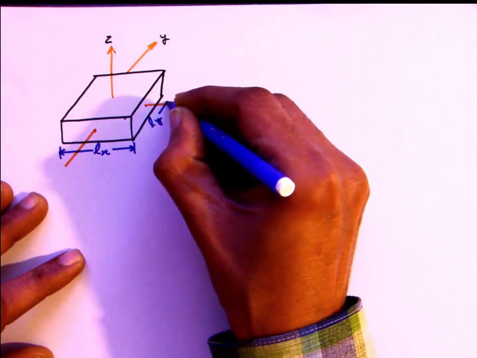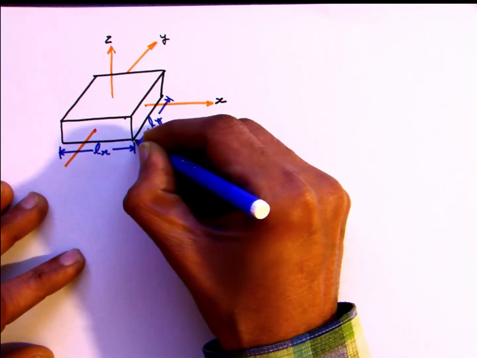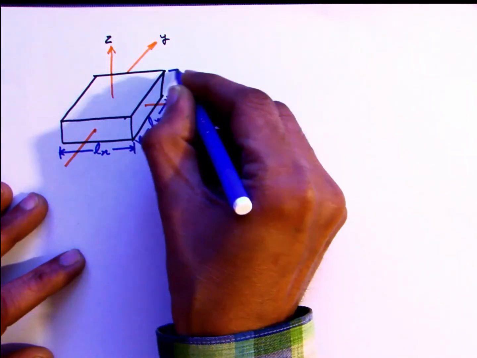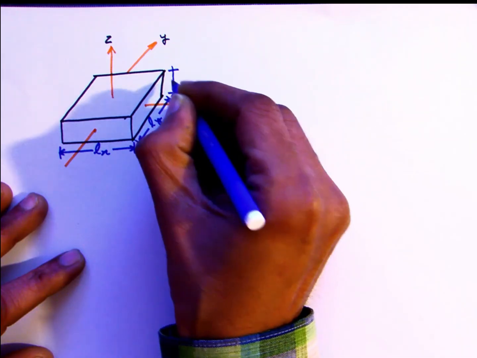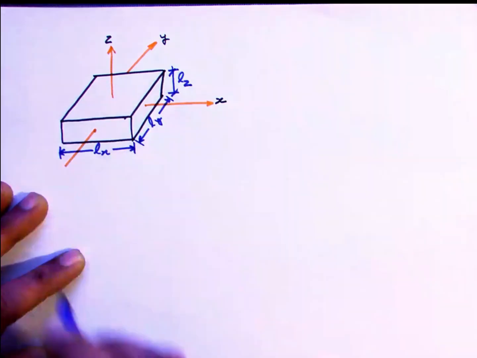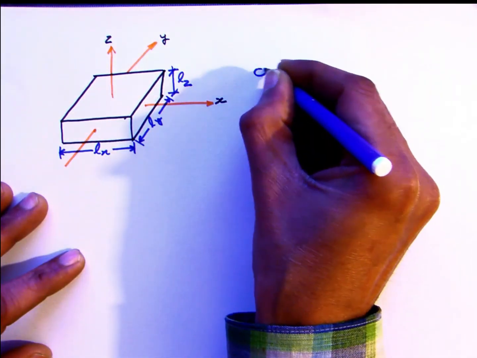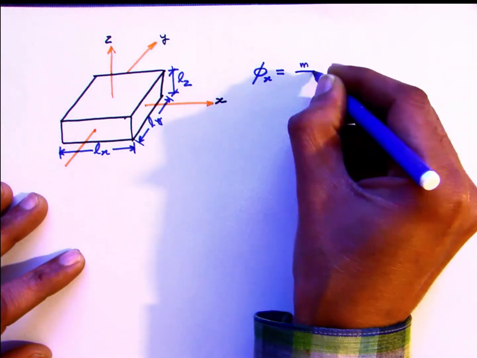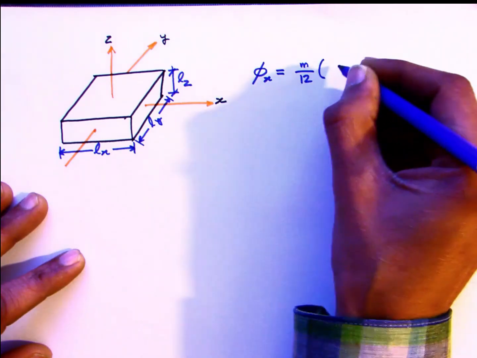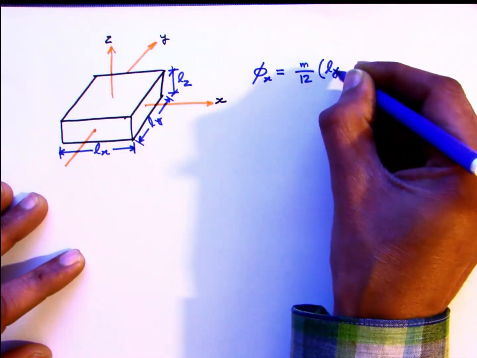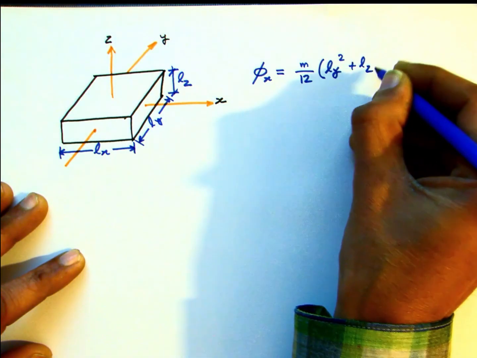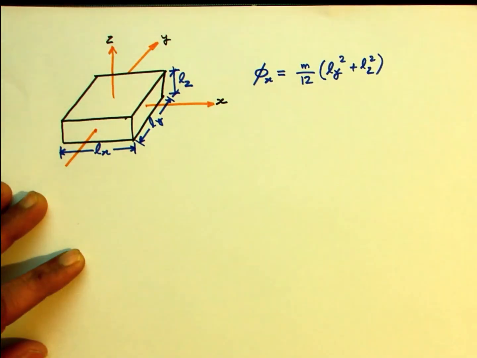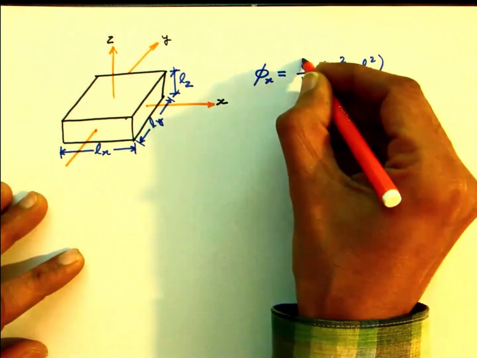Then we can write the following expressions for the mass moment of inertia along the three axes. Here m is the total mass of the block being considered.